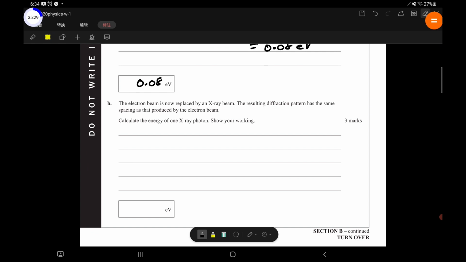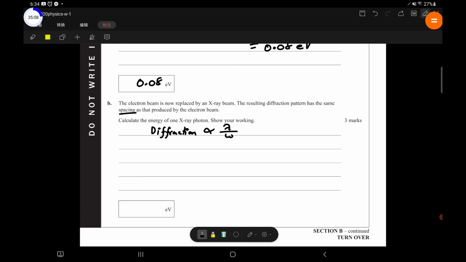All right, so now this electron has been replaced by an X-ray beam, and what do you expect? The diffraction patterns have the same spacing. In this case, we have a lot of topics that are combined in this one question. Diffraction, kinetic energy, wave-particle duality, all in one.